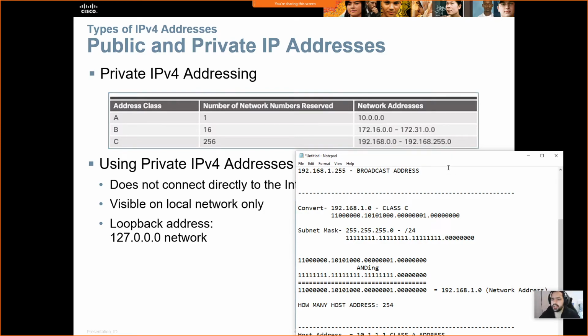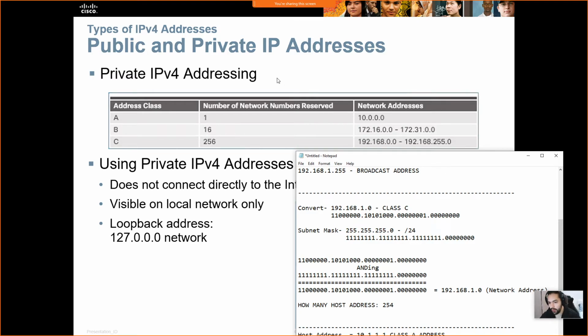All of these addresses, guys, because they are private addresses, you can use inside a LAN, inside of a local area network, to assign to each one of your devices. Okay? And now you know exactly why when you check the IP configuration on your device, you usually have an address in either one of these ranges.